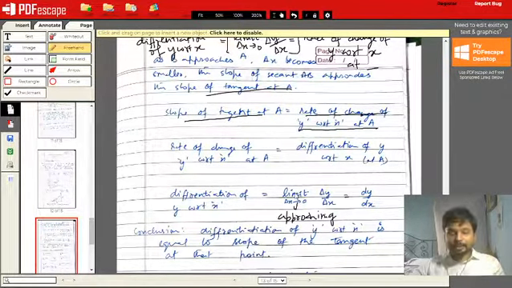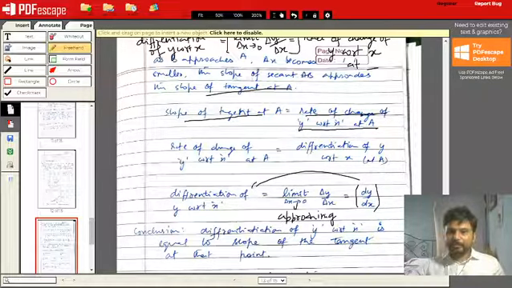What we do is that this delta is written as small d and this delta is written as small d. So limit delta y by delta x as delta x approaches 0 is equal to dy by dx. So that's why we say that dy by dx is differentiation of y with respect to x.